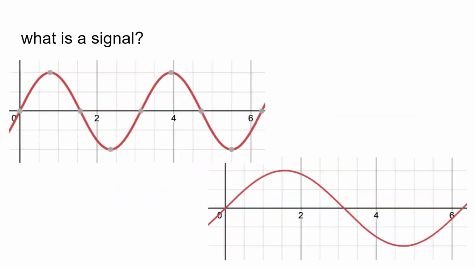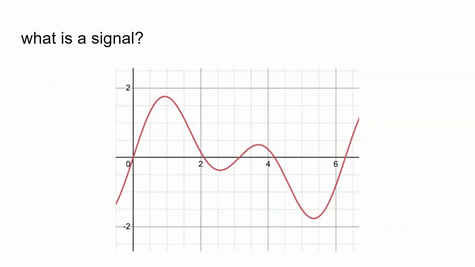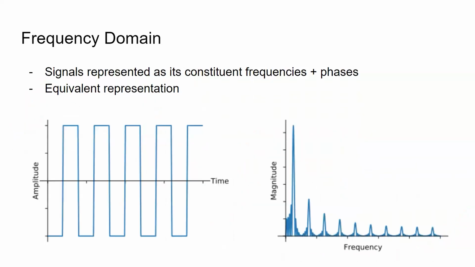Now, because every signal can be thought of as a combination of sine waves, and each of these sine waves has its own properties, for example, frequency, which is how fast they go up and down, and phase, which is where it's centered. Both of these are centered at 0, but they could have been centered at 1, for example. Because of that property, we can represent every single signal in terms of those frequencies.